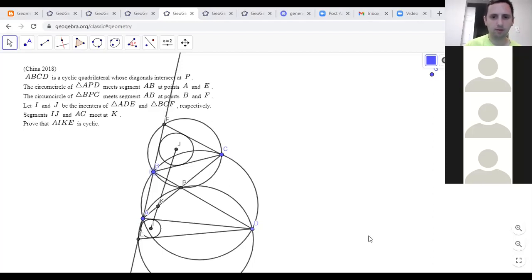So we have AIK. Oh, this makes it look like it's correct.